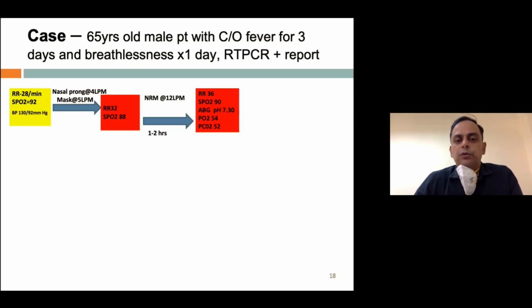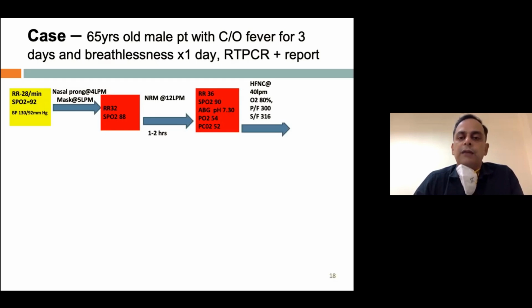If after 1 to 2 hours of therapy, an ABG is done and we find that the saturation is at 90 and the ABG is showing marked hypoxemia with PO2 54 and PCO2 52, then we will have to go to the high flow nasal cannula therapy.